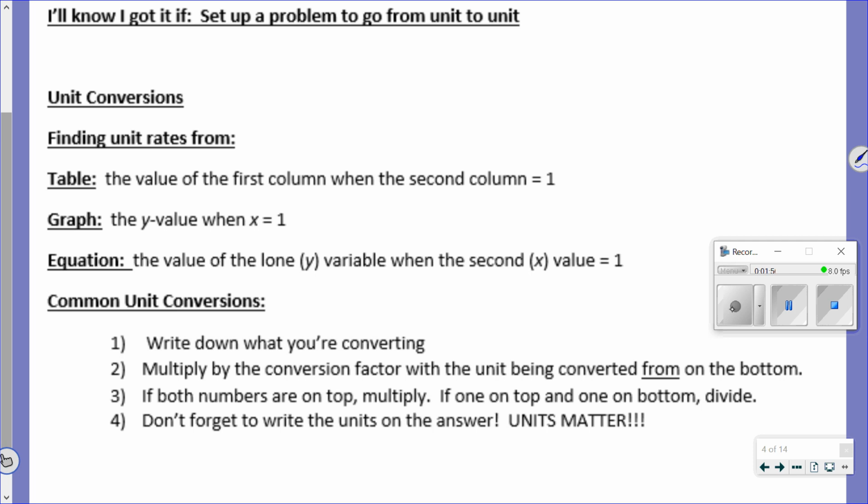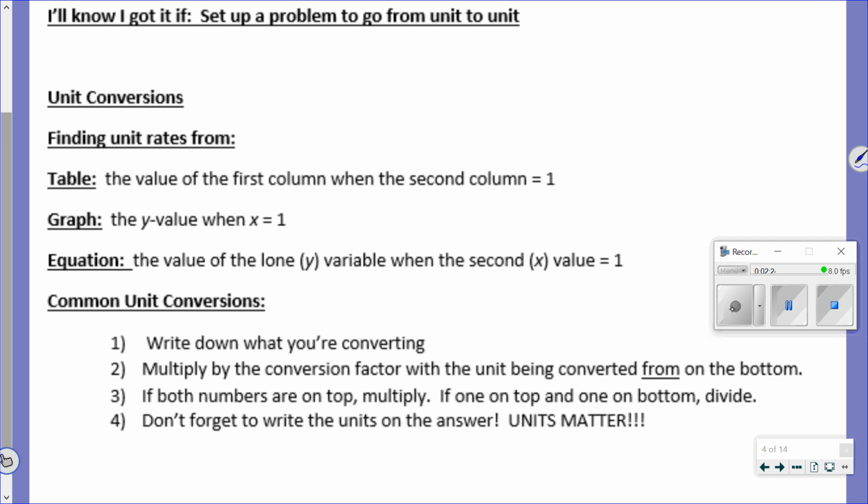Then you go to the chart and put your numbers in. If both numbers end up on top, you multiply them. If I have one on top and one on bottom, I divide them. It's pretty simple. Again, we're seeing this units matter piece. What is it that's going to cost you a lot of points? Not writing your units. Monty? Good, thank you. Glad that's getting through.